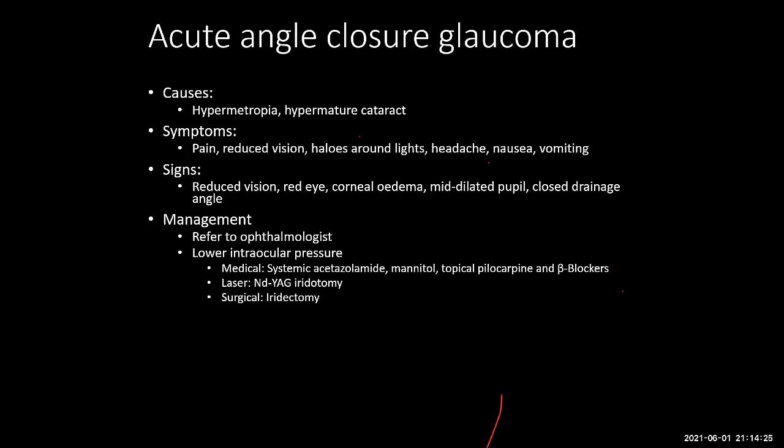Now remember, this is again one of the very serious or significant ophthalmic emergencies, and symptoms would be severe pain, reduced vision, halos around light. Usually they have pain plus halos around lights. So they see rainbow colors around lights, actually around filament lights, not fluorescent lights.